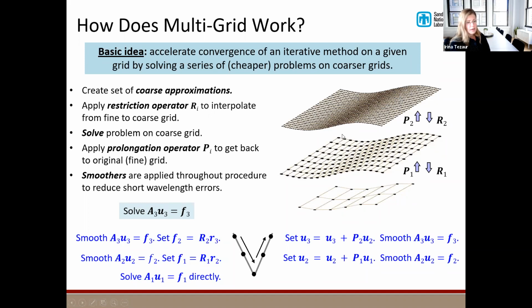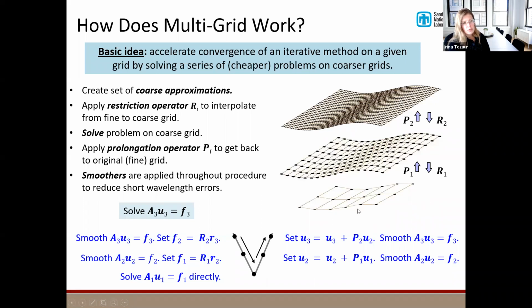You're going to define smoothers as well, which are usually simple numerical schemes like Jacobi or Gauss-Seidel that you apply as you go between these layers to smooth out different components of the error to avoid the error propagating. And so what you do is you apply these restriction operators and the smoothers to get to the coarsest grid. You're going to solve your problem on the coarsest grid.